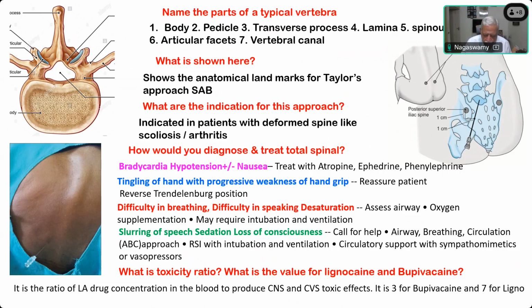To avoid this, we have now come out with levobupivacaine, which has a value of almost 5 to 6, comparable to lignocaine. So the cardiovascular toxicity is much less with levobupivacaine compared to bupivacaine.